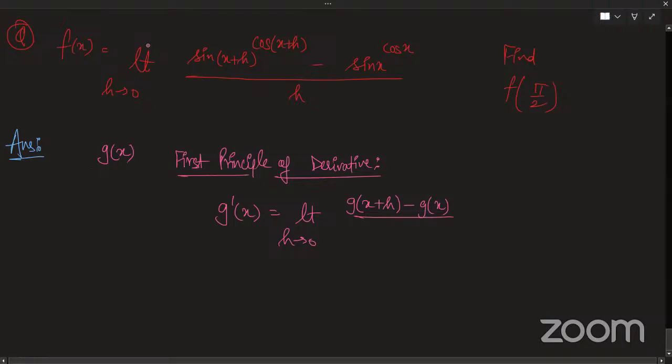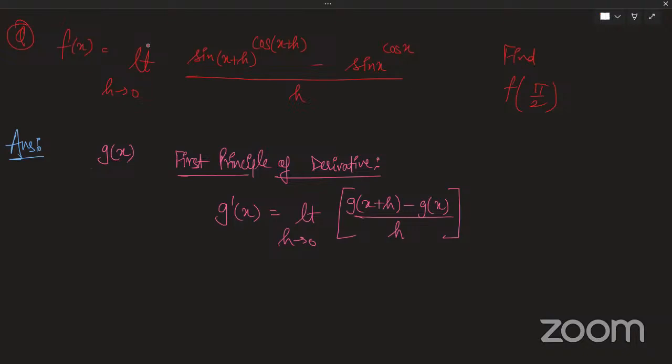Right? When we took 2 points that were really close on the curve, we plotted the points, we took the slope of the line, right? And we proved it, that limit h tends to 0 was this.